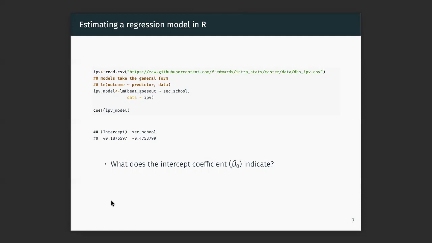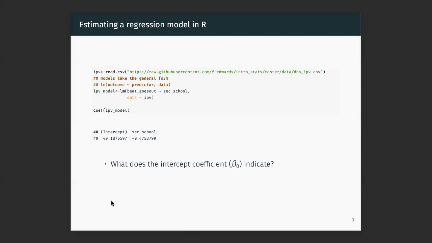Because obviously, when x is 0, this term cancels, and the expected value of y is just beta 0, right? So we can always think of the intercept as being the expected value of y when everything but the intercept is set equal to 0, so when all of our predictors take on a value of 0.